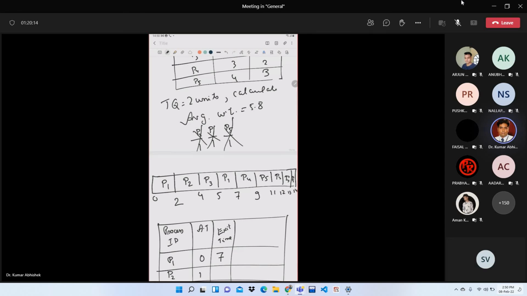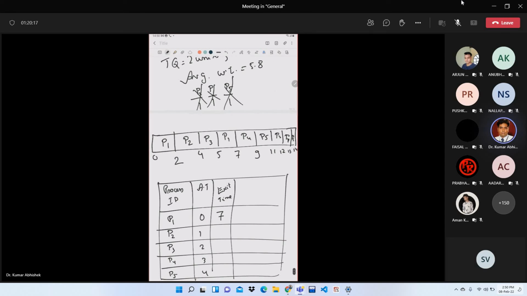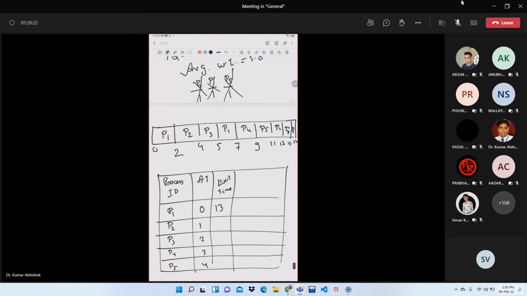This is P1, 13. P2 is 12, P3 is 5, P4 is 9, and P5 is 14. So TAT is 13, 11, 3, 6, 10.